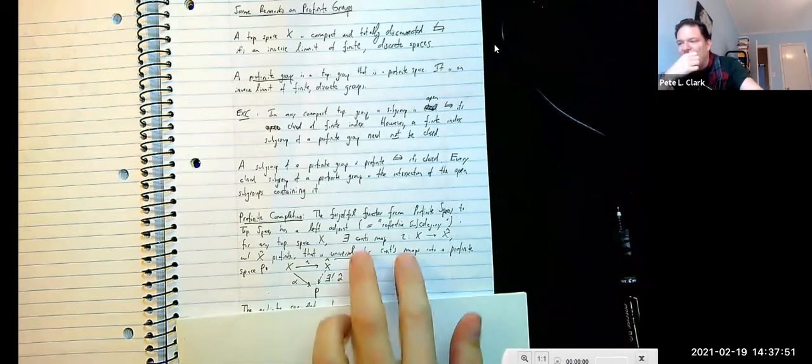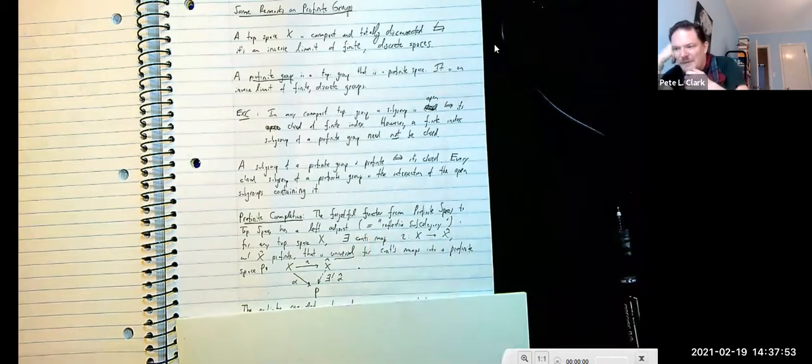I actually found there's a general condition for a subcategory of topological spaces to be a reflective subcategory, and the condition does apply here.